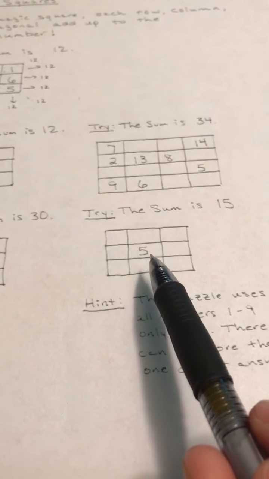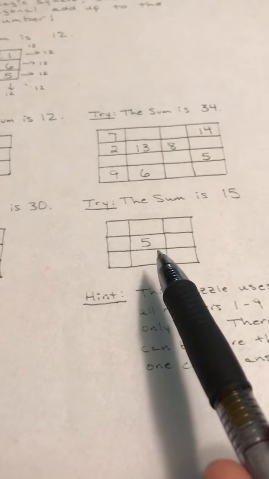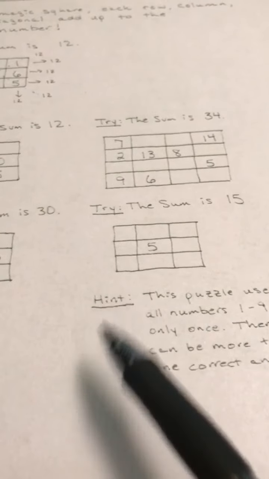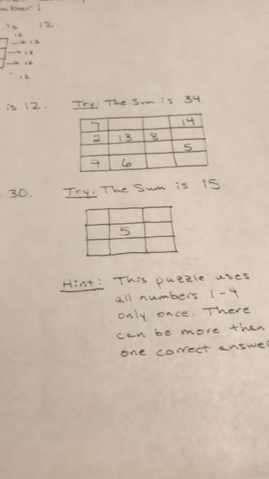But I only give you one of the numbers. So what you're going to have to do is use the numbers 1 through 9 to figure out where the numbers go so that when you use all the numbers, every single row, every single column, every single diagonal is going to add up to 15. Okay?